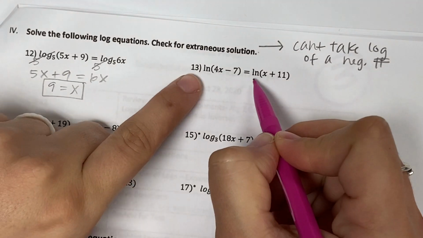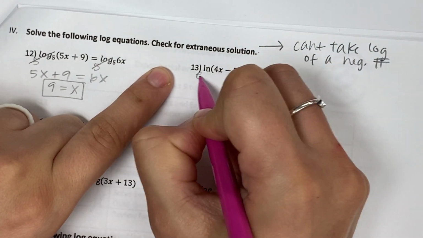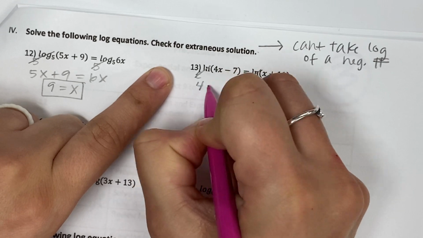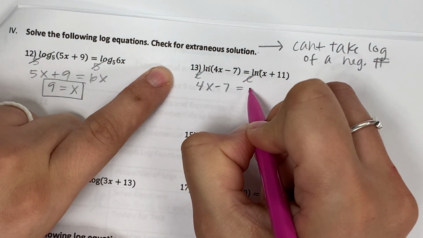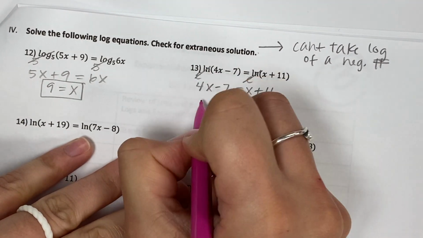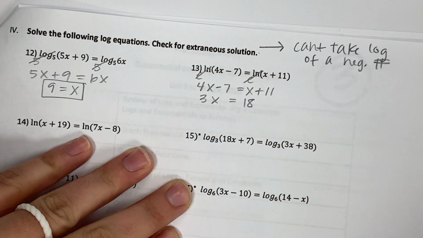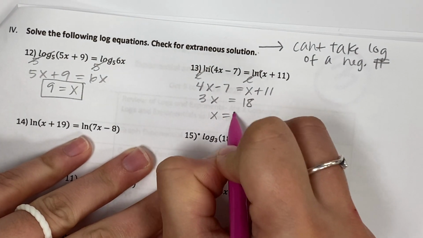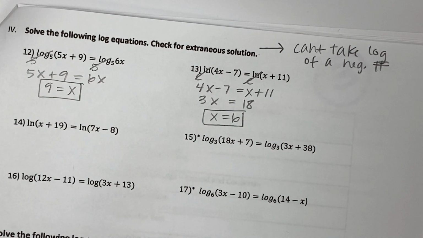So number 13, we have a natural log on each side. The base is e, so they cancel. So 4x minus 7 equals x plus 11. Subtract the x, add the 7, so x equals 6. Cute. Okay, let's keep going.